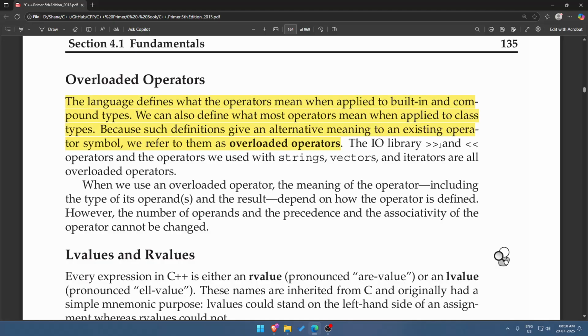The IO input and output operators, and the operators we used with strings, vectors and iterators are also overloaded.